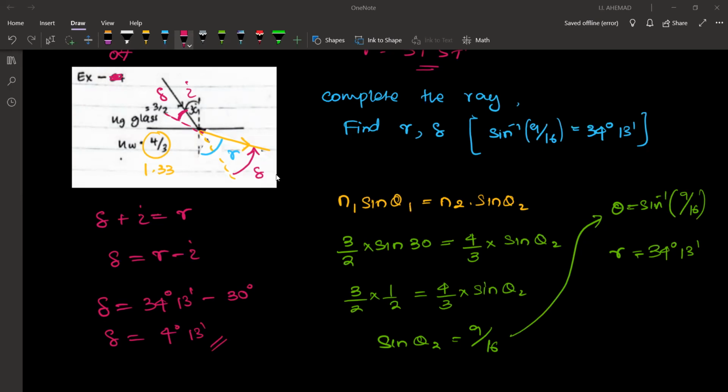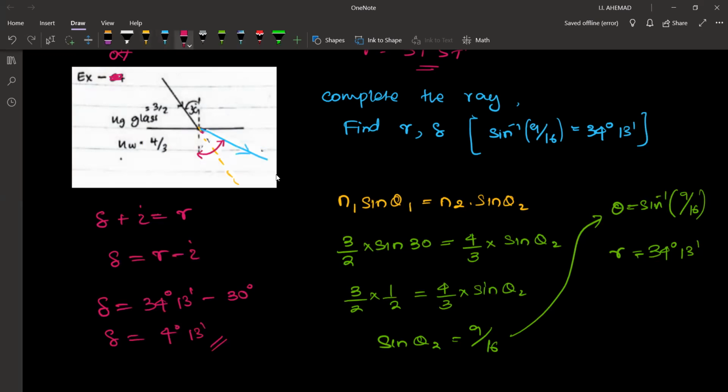Okay, Najima, here, let's try to understand the geometry. Now, this yellow dotted dashed line, that is the light ray if it didn't get deviated. Okay, but now this is the actual light ray. So this is the refractive angle.